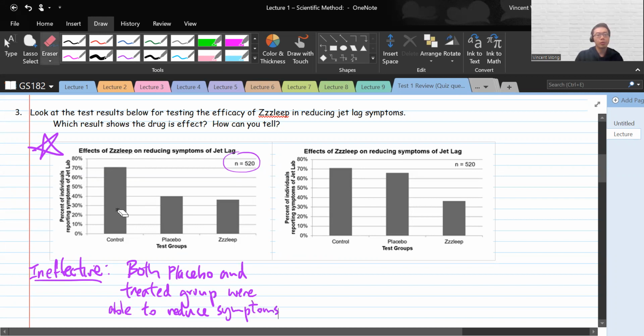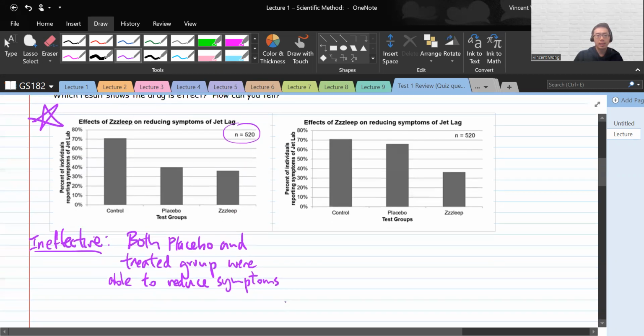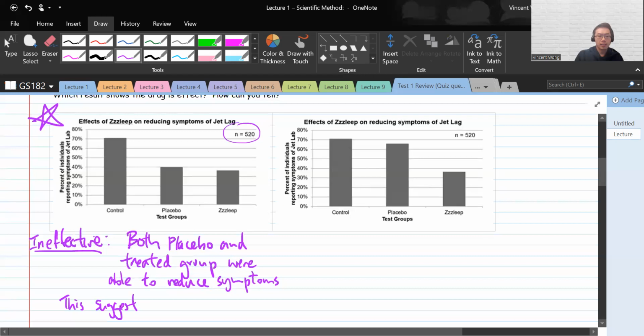When compared to the control, right? It shouldn't be this way because remember the placebo is not supposed to do anything for you, right? So when you see a result like this, right? This suggests jet lag is all psychological, right?